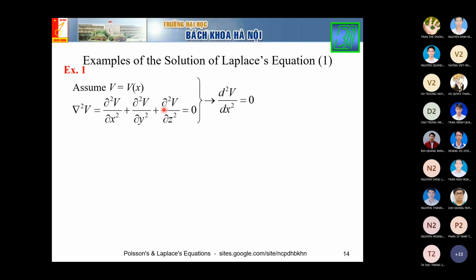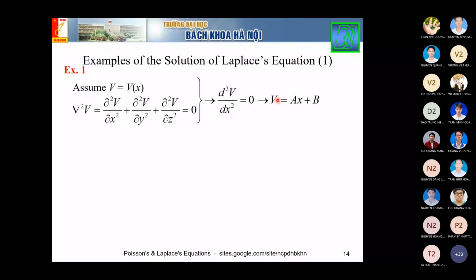So this is, I think, the simplest second order differential equation. If you want to find the V here, you can find the primitive function twice. You take the integration for both sides twice, and you get this.